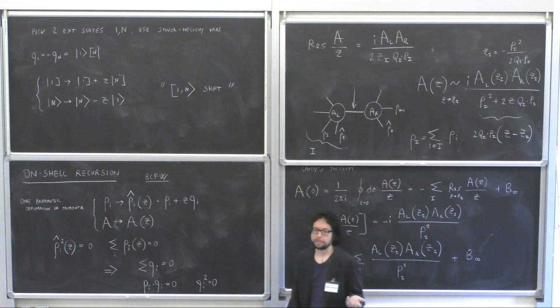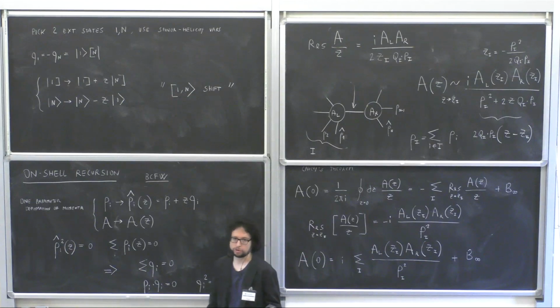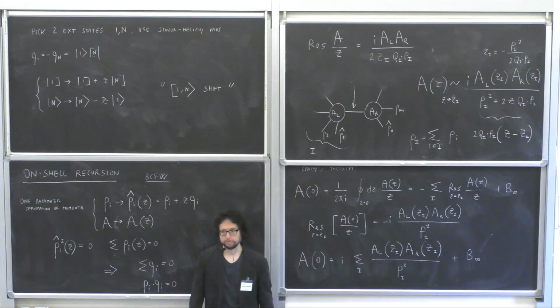Ultimately, our goal will be to show that for theories we like and for certain shifts, the behavior of the amplitude at infinity goes like 1 over z, or 1 over z squared.